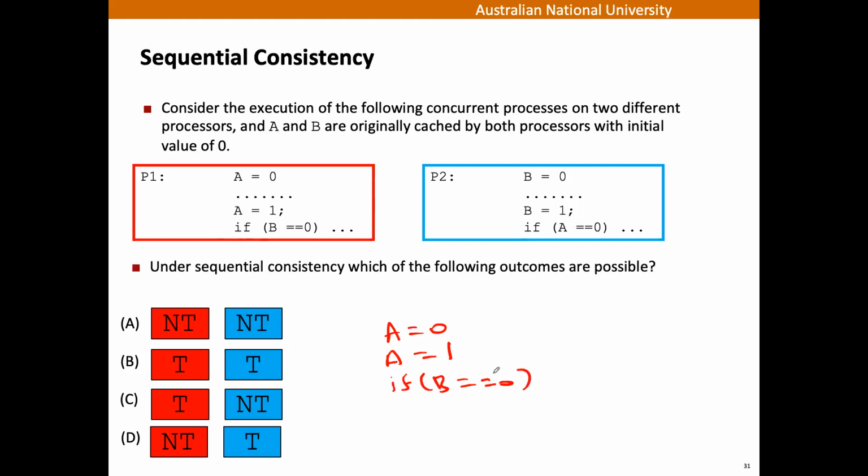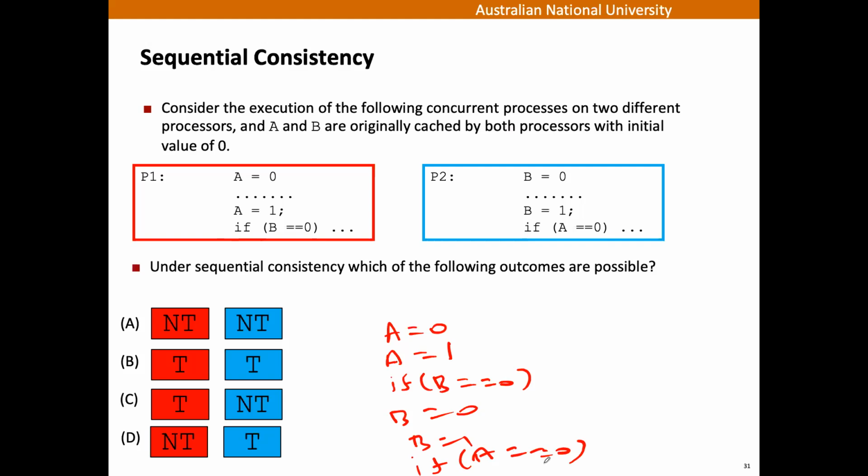So at this point, red is taken. So how will B not be taken? Right, it's correct, right? So then B equals 0, B equals 1, if A equals 0, right? Right. So the last if statement will not be taken because A is 1.